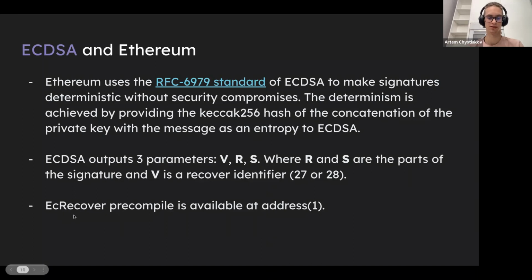And if everything is okay and there are no errors, the address will be given. If there are errors, ecrecover returns the empty address 0. And this algorithm is available as another precompile that resides at address 1. Yeah, it is also used extensively, pretty much every time when signatures are involved.